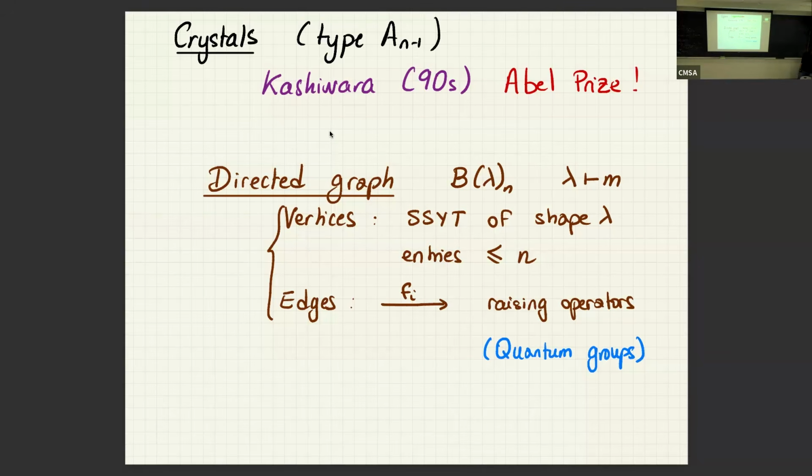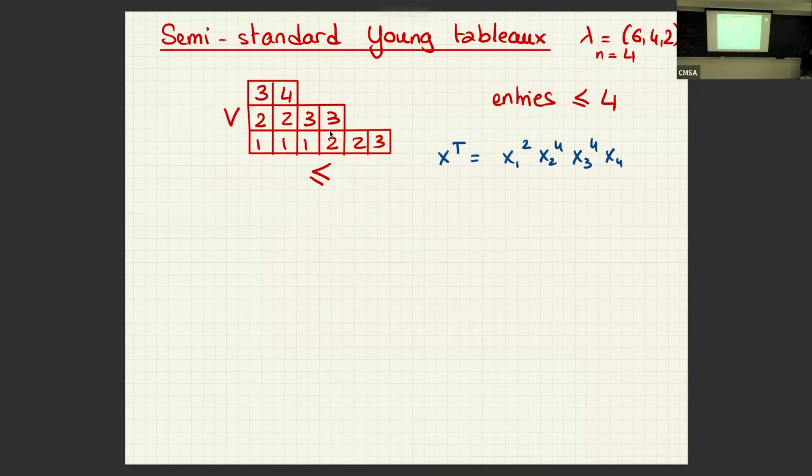So let me try to explain how you build this graph. As I said, it's a graph on semi-standard Young tableaux of shape lambda with entries at most n.